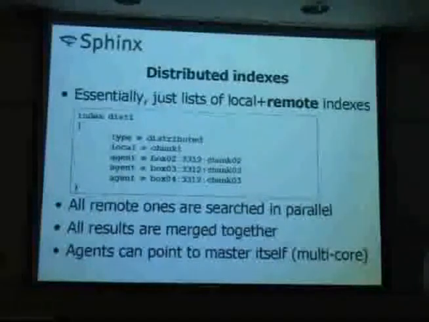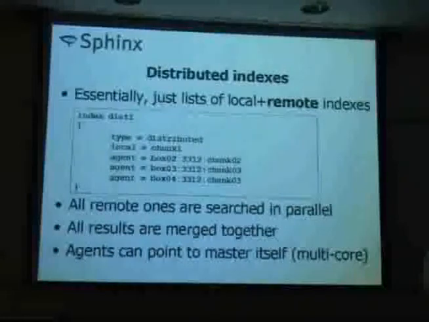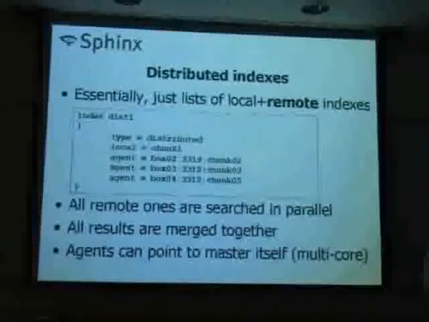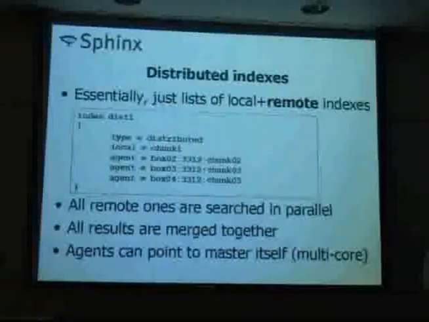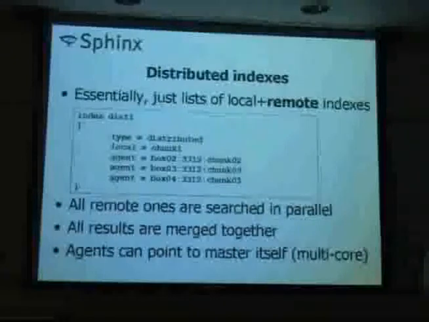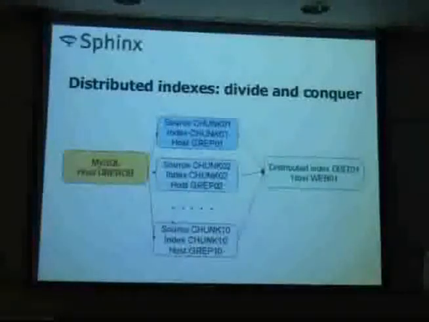You just list all the local ones, you list all the remote agents, and the search daemon searches through all the local ones, and at the same time it tells the remote agents to search all the remote ones, then pulls the results from them, glues them all together, sorts them again to bring them back in proper order, and this is it.